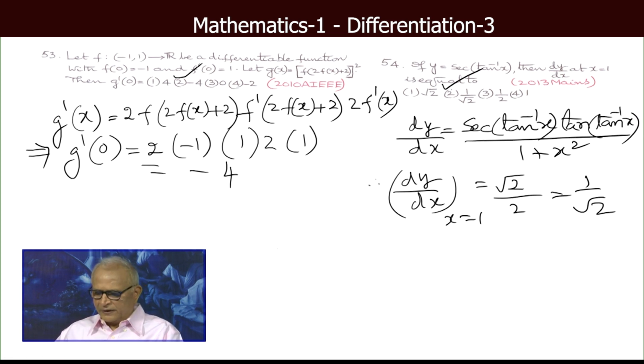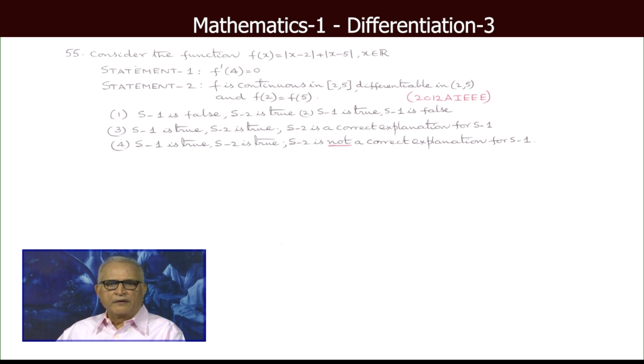2013 mains. Next, 55. Consider the function f(x) equal to mod x minus 2 plus mod x minus 5 for all real x. Statement 1, f'(4) equal to 0. Statement 2, f is continuous in the closed interval [2, 5], differentiable in the open interval (2, 5), and f(2) equal to f(5). Well, because mod x is continuous everywhere, nothing to dispute about the continuity of f in the closed interval [2, 5]. Also, f(x) fails to have a derivative at the 2 points, at 2 and 5.